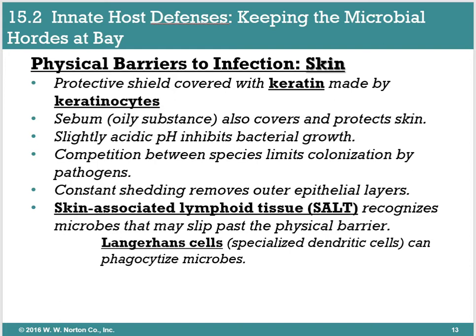So these guys will recognize microbes that have the potential of slipping past our physical barrier, and then they will take the necessary precautions to essentially destroy them so they don't get past our skin and cause us harm. And then we have Langerhans cells. So these are specifically dendritic cells, and if necessary, they can go around phagocytosing on our skin. But I'm more concerned about y'all knowing why the skin is so important for us.